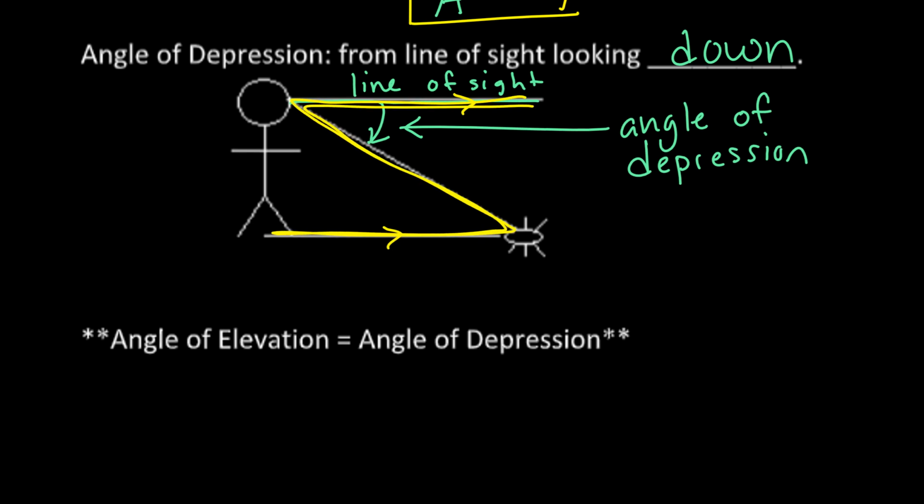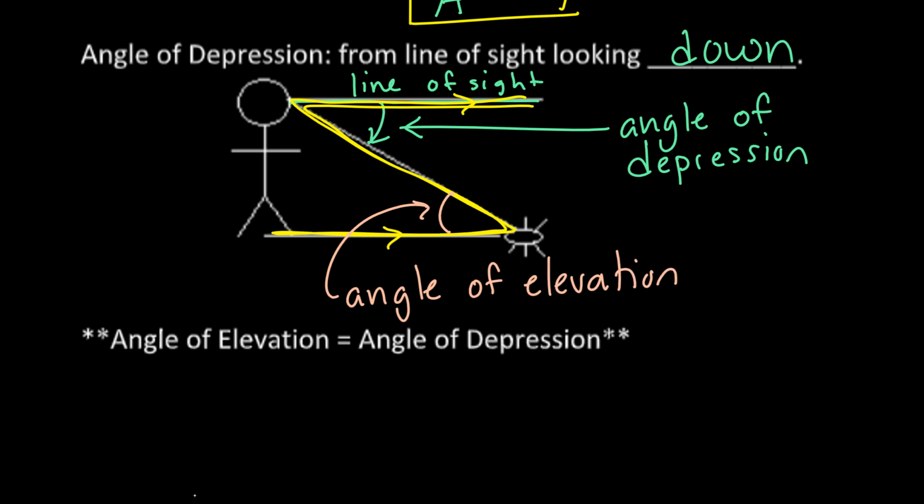Our two parallel lines and then transversal, and we know the inner corners of the Z are what? Alternate interior, meaning they are congruent. Guess what is another name I could call this angle right here? Oh my gosh, it is an angle of elevation. So what do you know about the angle of elevation and the angle of depression? They're the same measure.